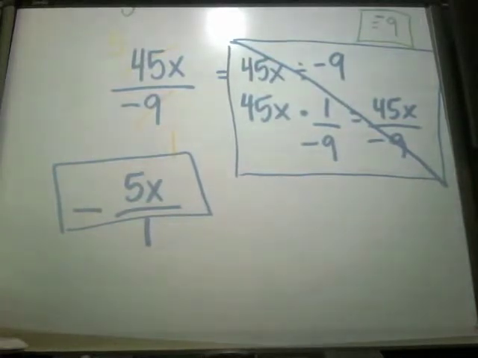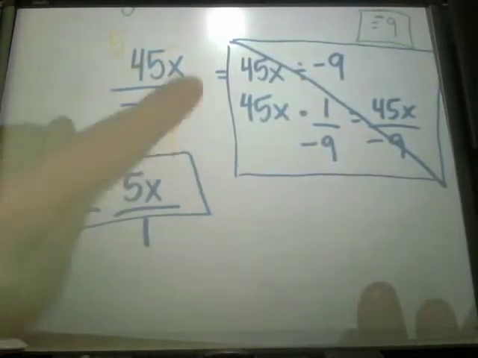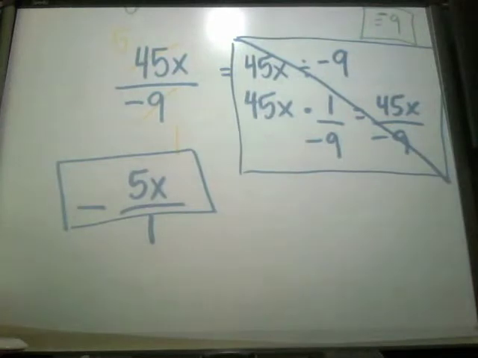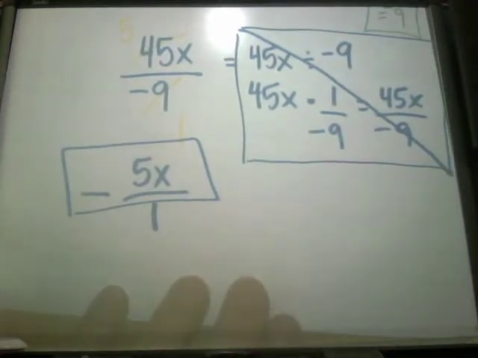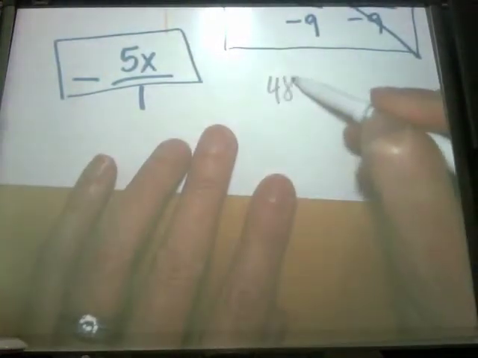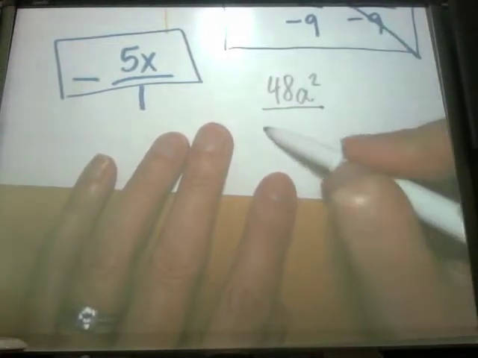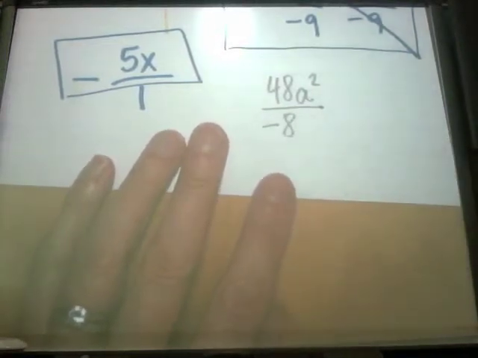The idea here is that it's not always helpful to write it side by side and multiply by the reciprocal. If it's just a regular looking fraction that happens to have variables, you can simplify the number parts the same way you would a regular fraction. So for example, one more, 48a squared over negative 8.